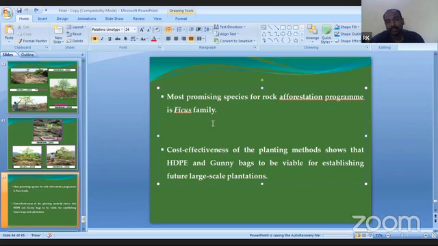Then the cost-effective species are a few: Ficus bengalensis, Ficus retusa, Pongamia pinnata or Derris indica, and Annona squamosa. These are the species suitable for this locality.